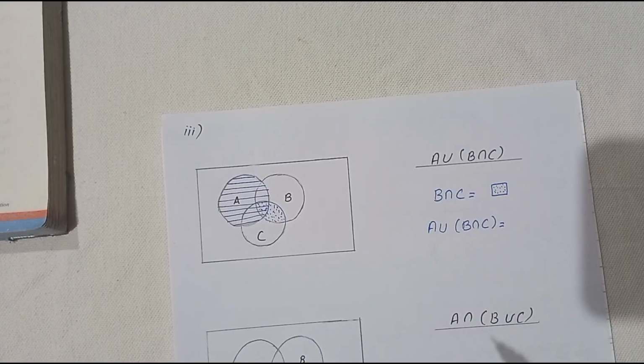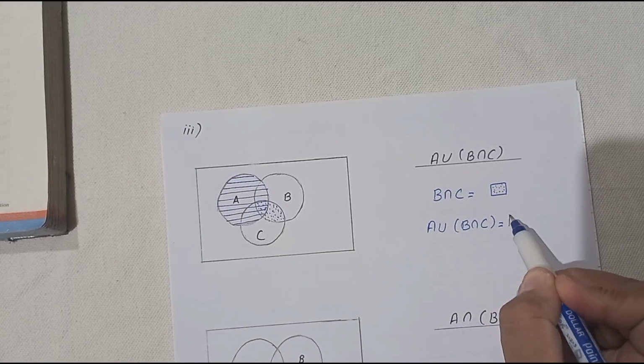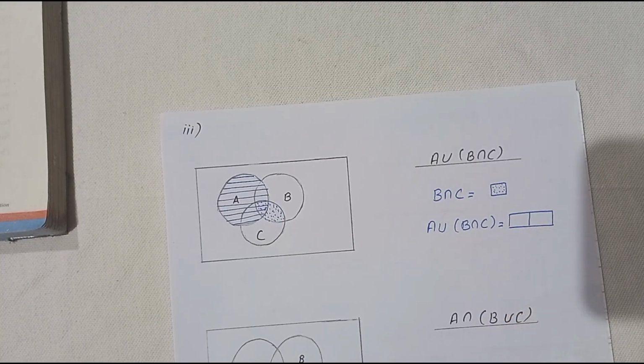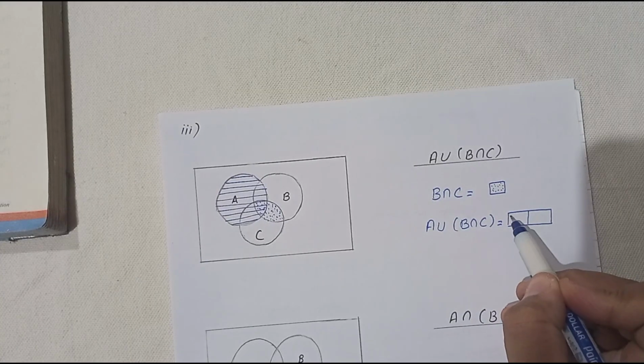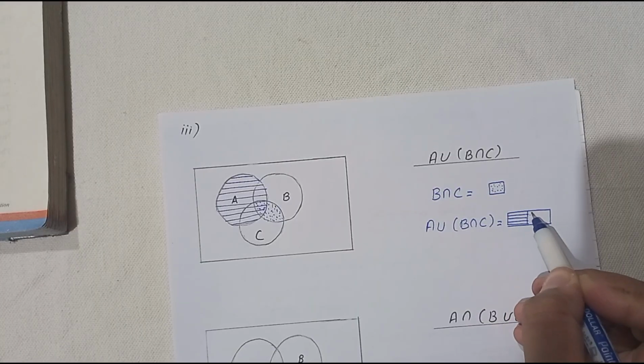A union B intersection C is all the part with the horizontal line and dotted part.